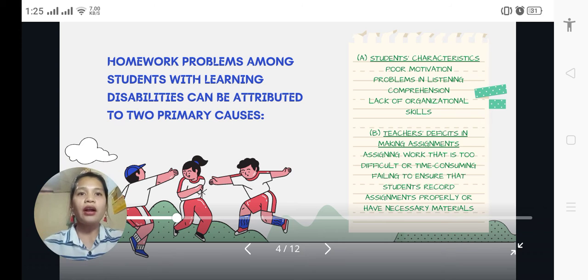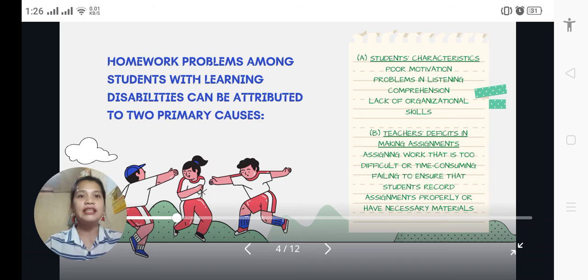So, there are homework problems among students with learning disabilities. They can be attributed to two primary causes. The first one is students' characteristics. It covers poor motivation, problems in listening and comprehension, and lack of organizational skills.